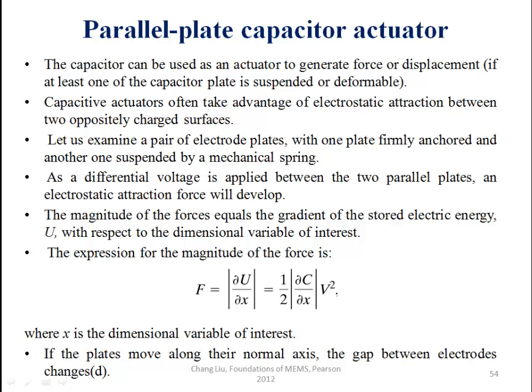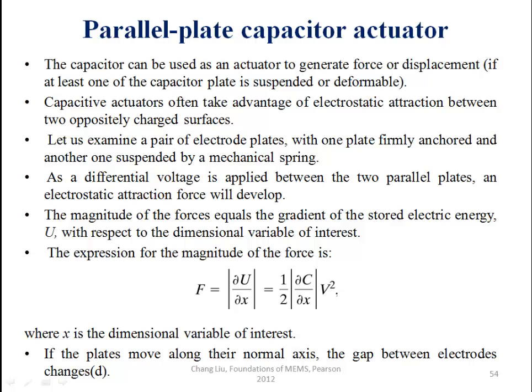Next is parallel plate capacitor as an actuator. As I told in the beginning, when we apply a voltage between two parallel plates, there arises an electrostatic force. As a result, we can achieve an actuation.